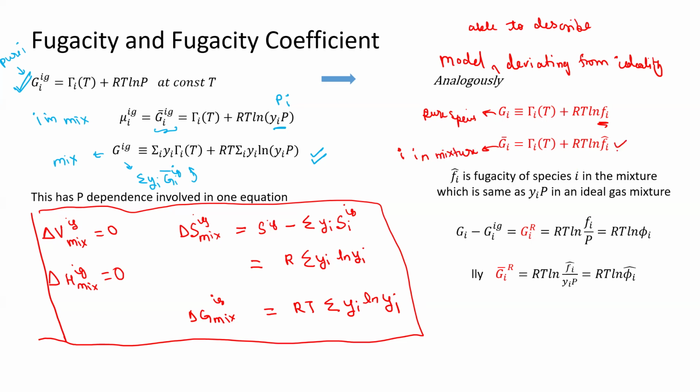And again, you know how this M is equal to sigma xi Mi, for gases.